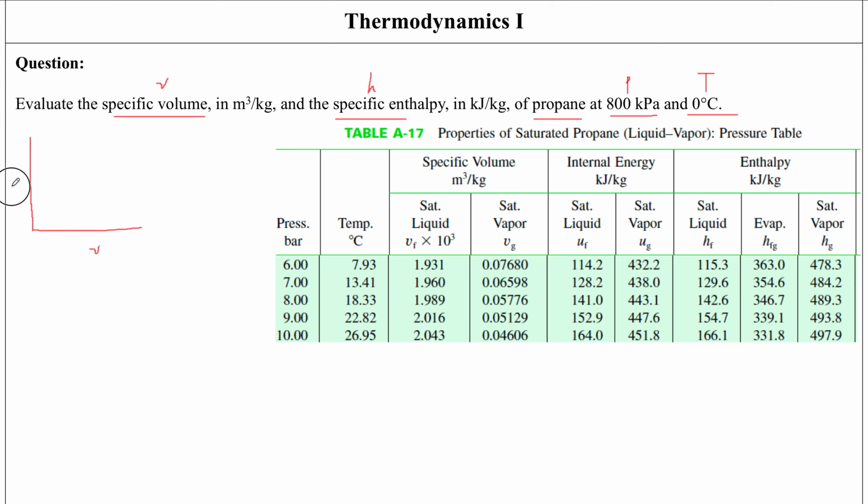Okay, so you make this TV diagram, some arbitrary curve over here, an arbitrary dome, and now what we know is that, let's say you've got a constant pressure line on this. The pressure remains constant within this curve.